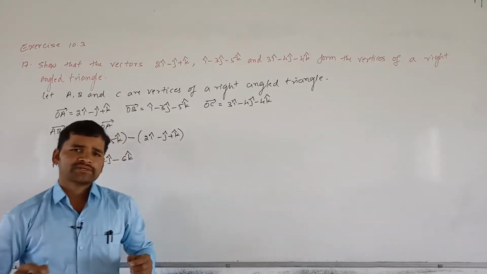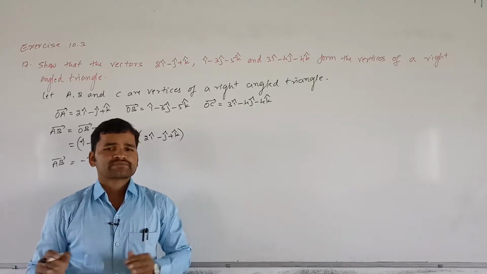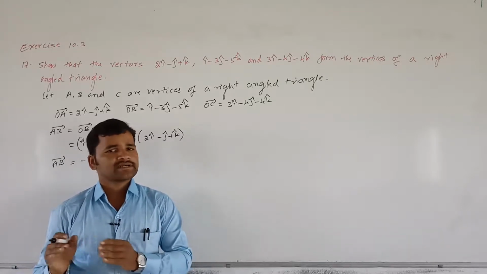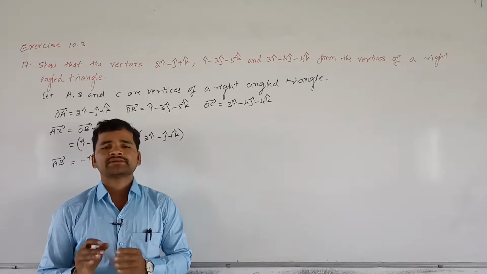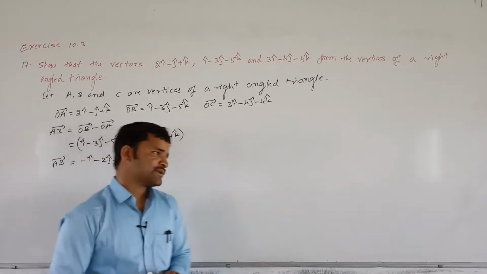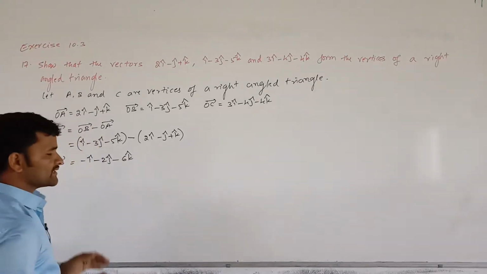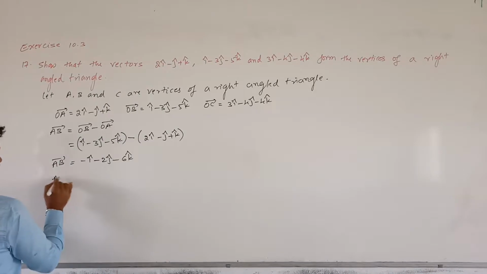How will you show a right angled triangle? Using the Pythagoras theorem, that is the sum of squares of two sides is equal to the square of the third side, meaning the lengths of those sides. Here AB is there, we want its length, so let us take the magnitude.